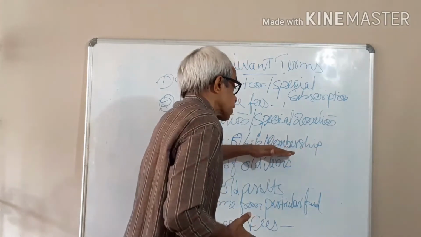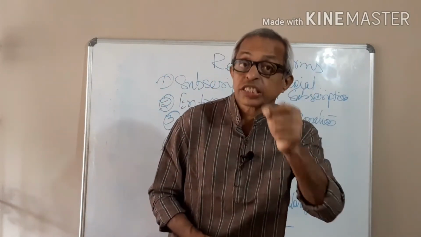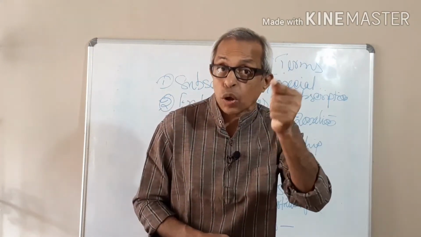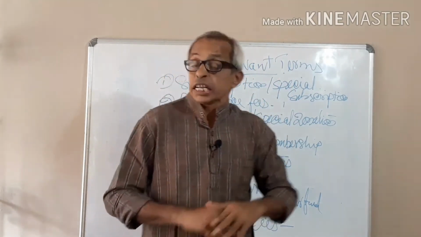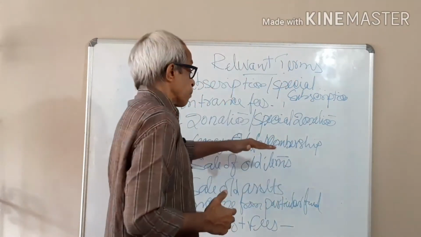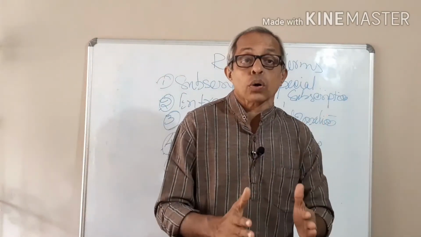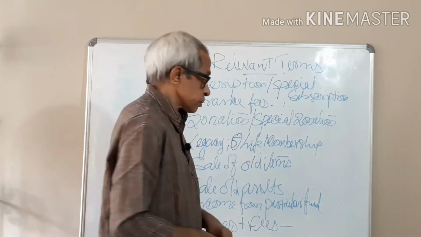Therefore, the amount received as life membership is capital in nature, and therefore should not be credited or shown on the income side of income and expenditure account. Instead, the amount received as life membership fees may be shown on the liability side of the balance sheet.